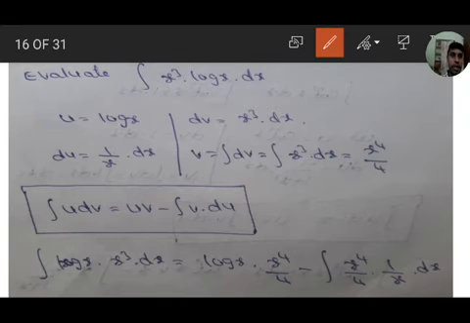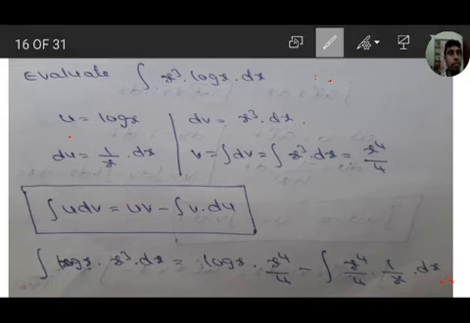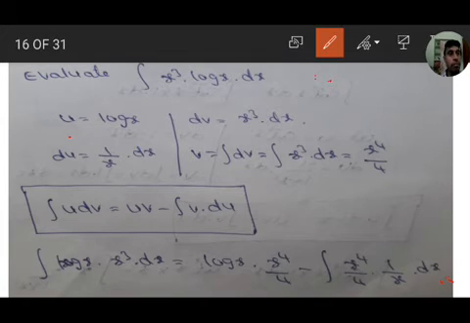Evaluate integration x cube into log x dx. Here x is an algebraic function, and L means logarithmic function.